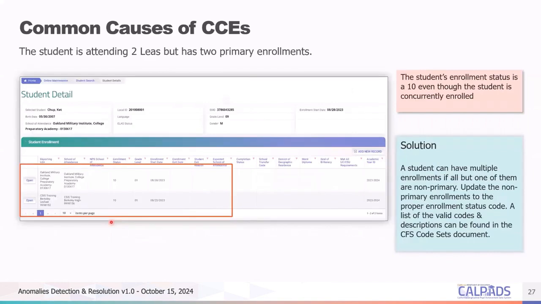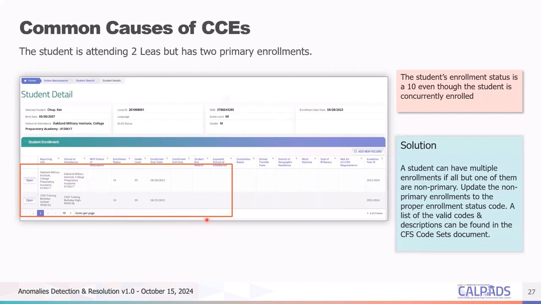And then the third one is if we have students who are overachievers, students who want to finish more courses or are in preparation for college. Then you have a student attending two LEAs but has two primary enrollments. So that's one scenario.